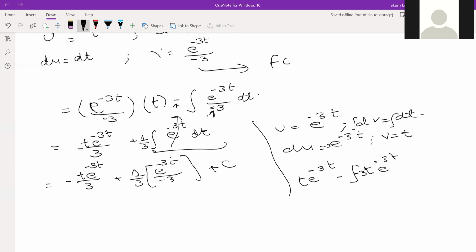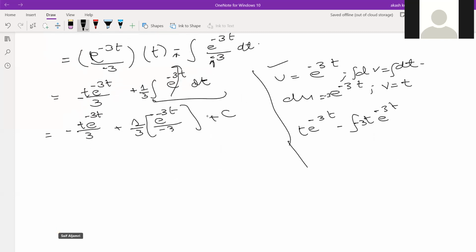Which part are you doing, the original one or the second one? We are doing this part. So it becomes t e to the power of minus 3t plus 3 times the integral of t e to the power of minus 3t.